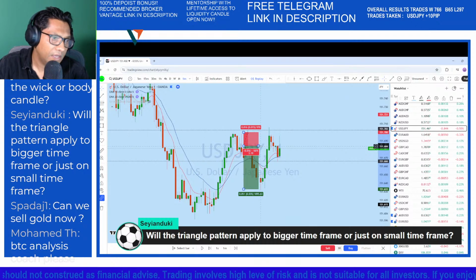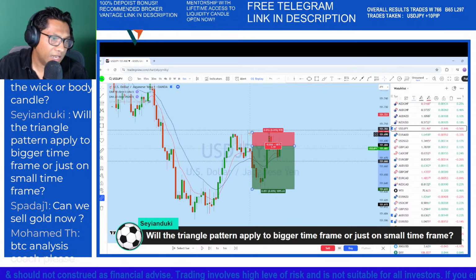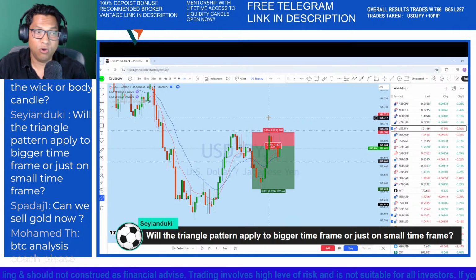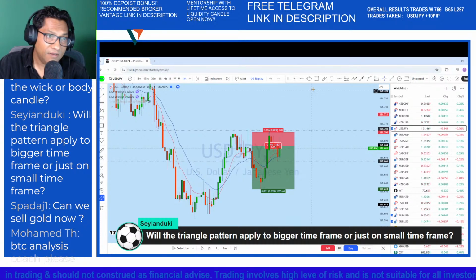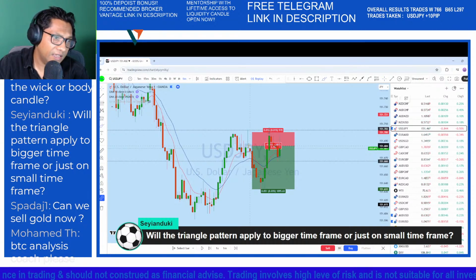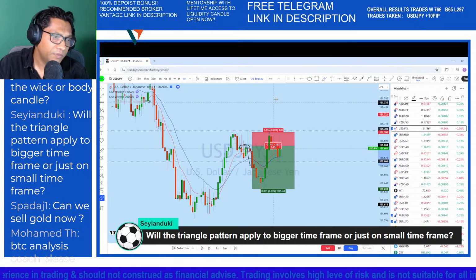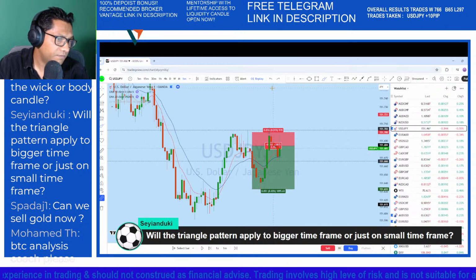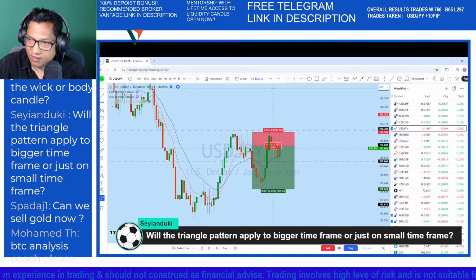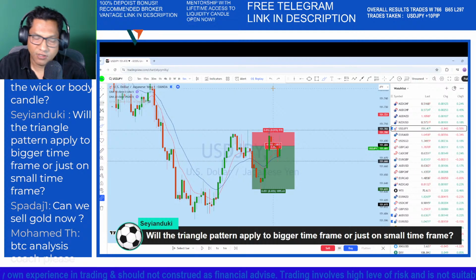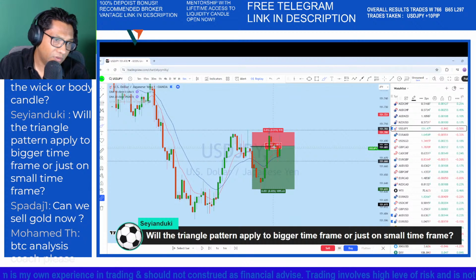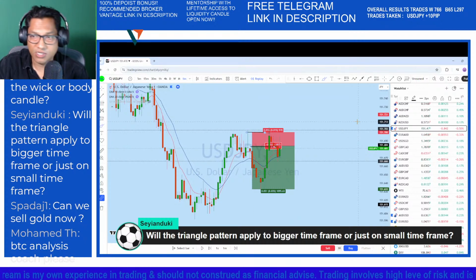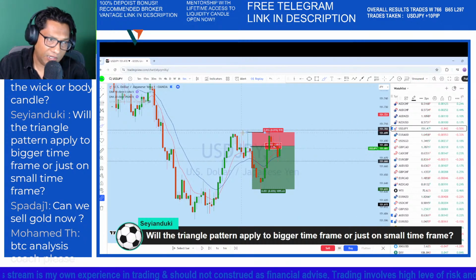Now this is called the liquidity gap. Why? Because when we are selling, let's say you are selling here, right? When we are selling, we are actually at the same time buying. That's the paradox, right? Because when we are selling at that level, your stop loss is a buy order at this level.